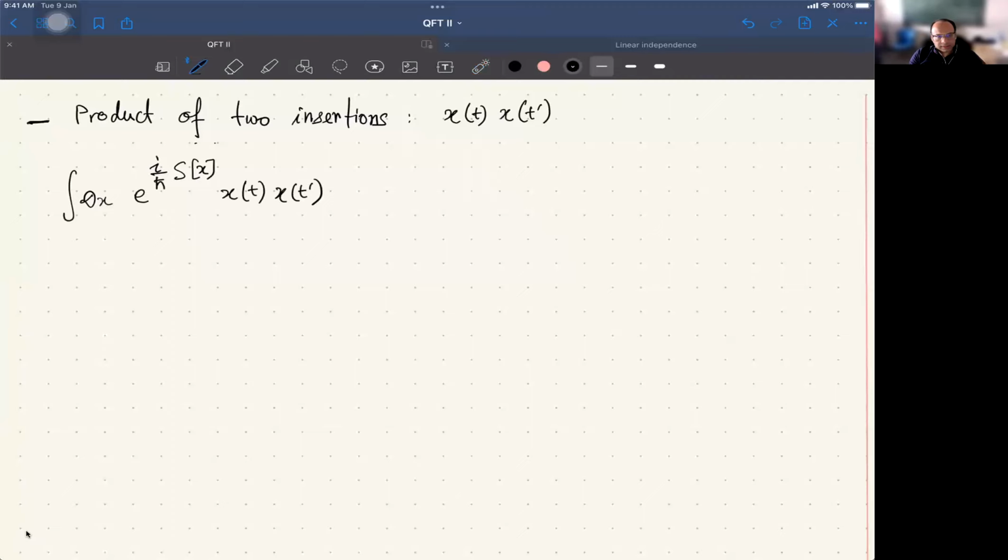And the question is: what is the corresponding expression using matrix mechanics language? And there you must be writing something like x hat at t, x hat at t prime, in between the initial and final states.